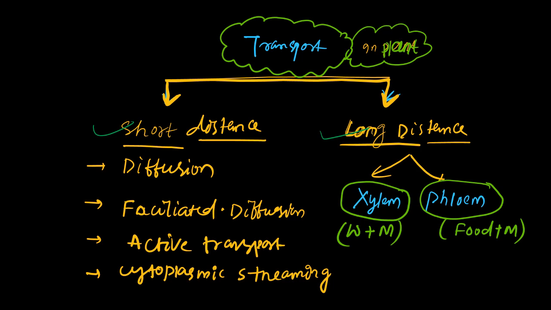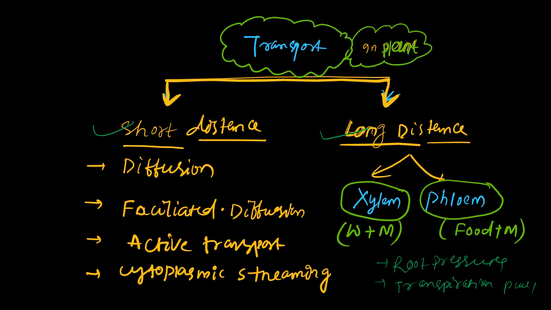In short distance transportation, this transportation occurs through different processes known as diffusion, facilitated diffusion, active transport, cytoplasmic streaming, and long distance transport occurs through root pressure, transpiration pull, and the system through which that transportation occurs is known as xylem and phloem.